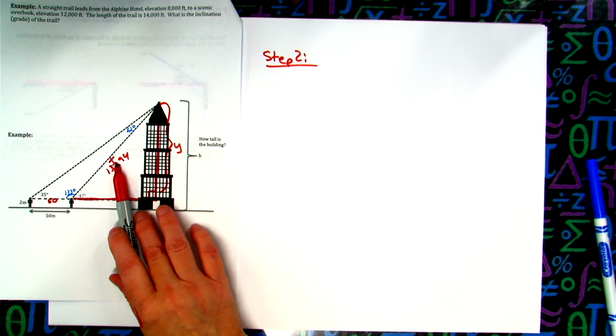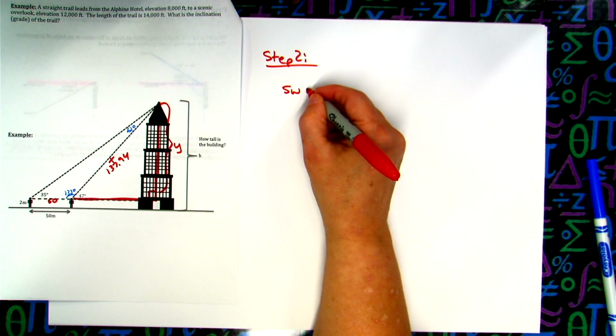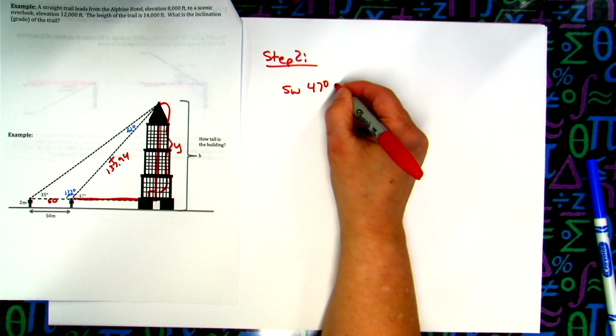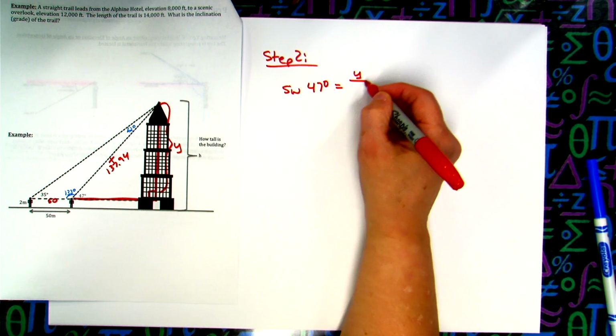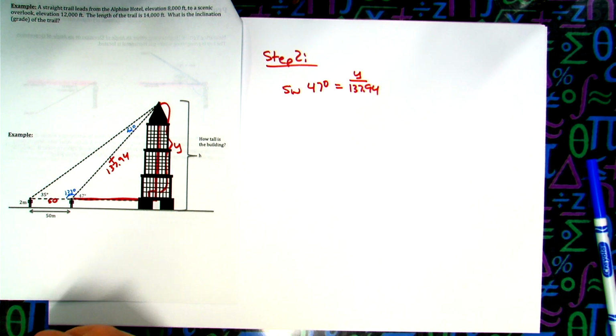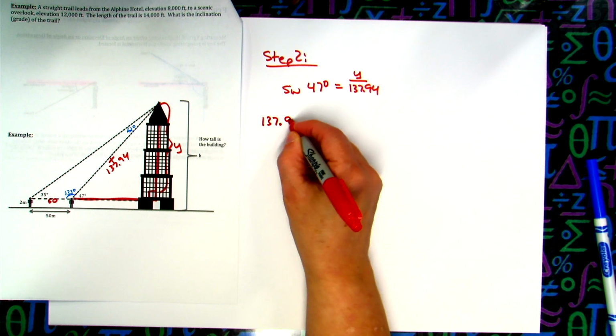Opposite over hypotenuse is sine. So then I'm going to have sine of 47 degrees is equal to y over 137.94. We'll be off a little bit because we rounded that value.